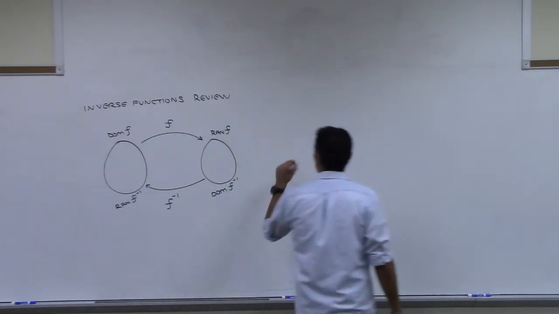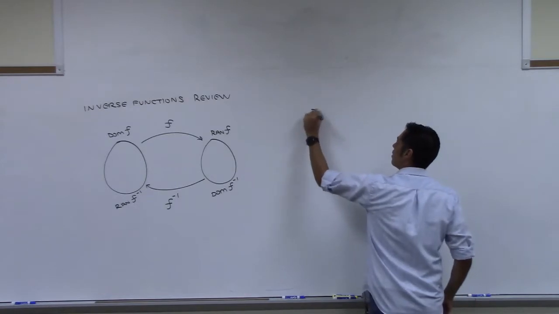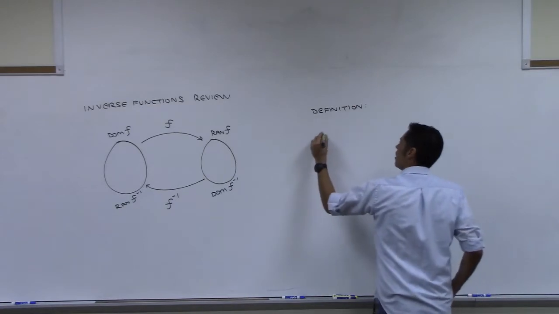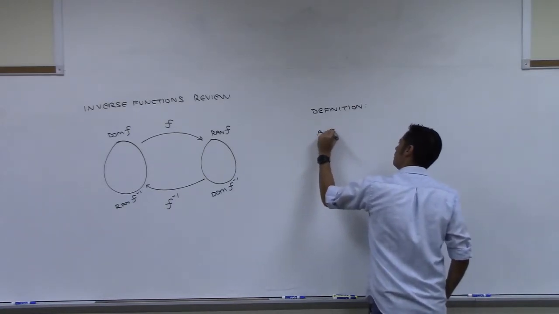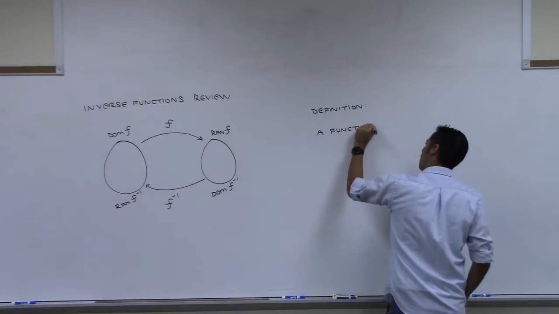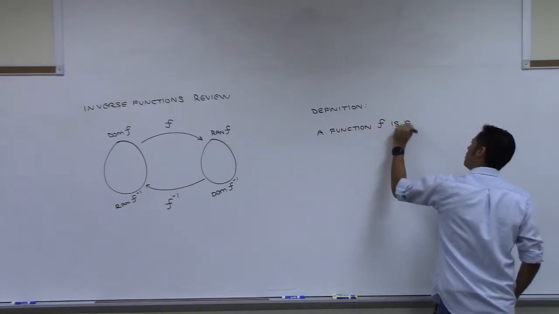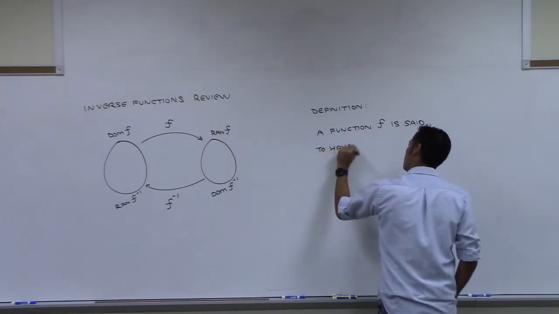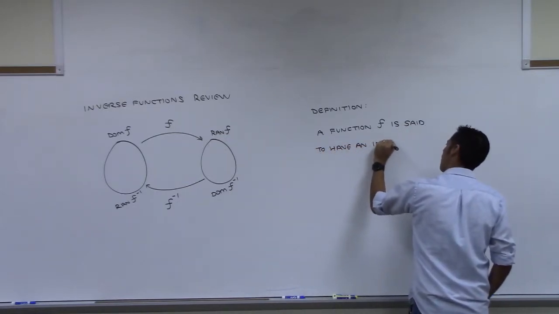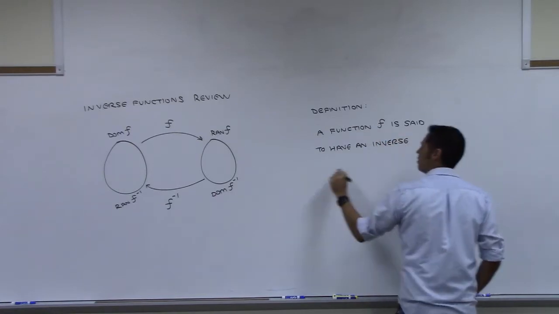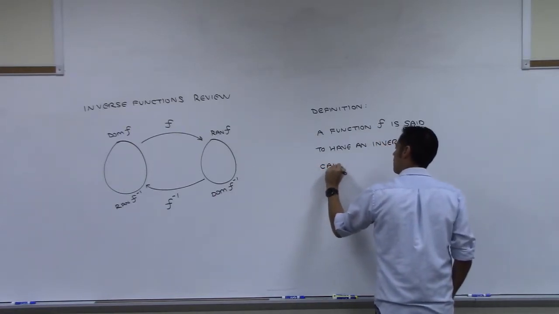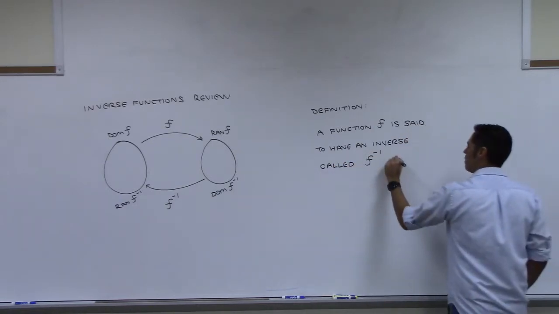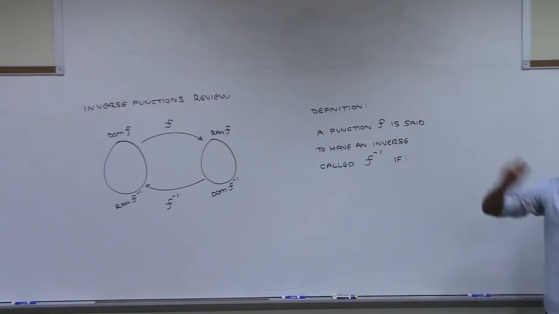Now, this is the actual definition, all right? If you want the definition of an inverse, still reviewing. A function f is said to have an inverse called f inverse, like this, all right, if the following two conditions are true.